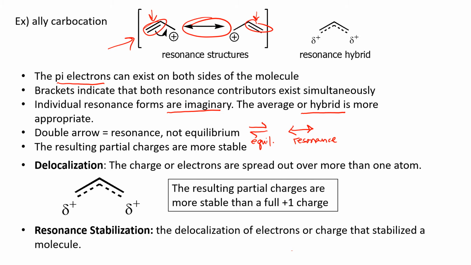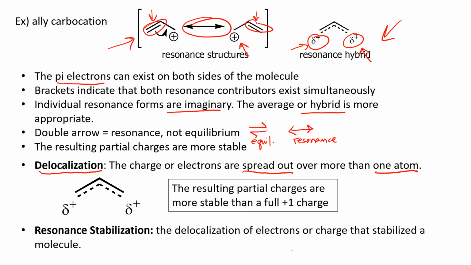Now, when we draw a resonance hybrid, you'll notice that we have partial charges. Instead of having a formal charge on one of the atoms, here we have partial charges on both of the carbon atoms. That makes the molecule more stable when the charge is spread out and not localized on a particular carbon. When our charge is not localized, we say that it's delocalized, in which the charge is spread out over more than one atom.